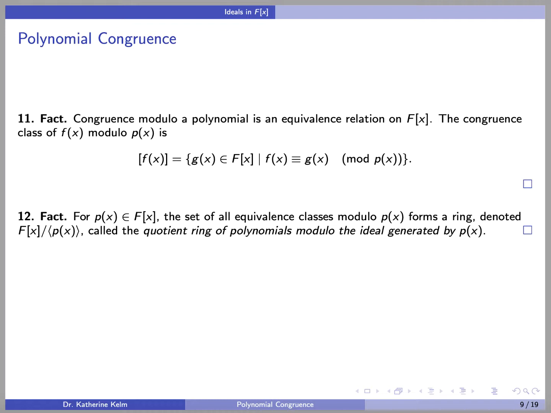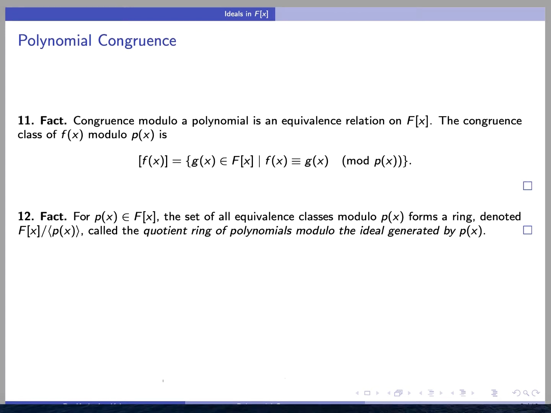Item 12 is another fact that is analogous to the corresponding fact for integers. For p of x, a polynomial with coefficients in F, the set of all equivalence classes modulo p of x forms a ring called the quotient ring of polynomials modulo the ideal generated by p of x.